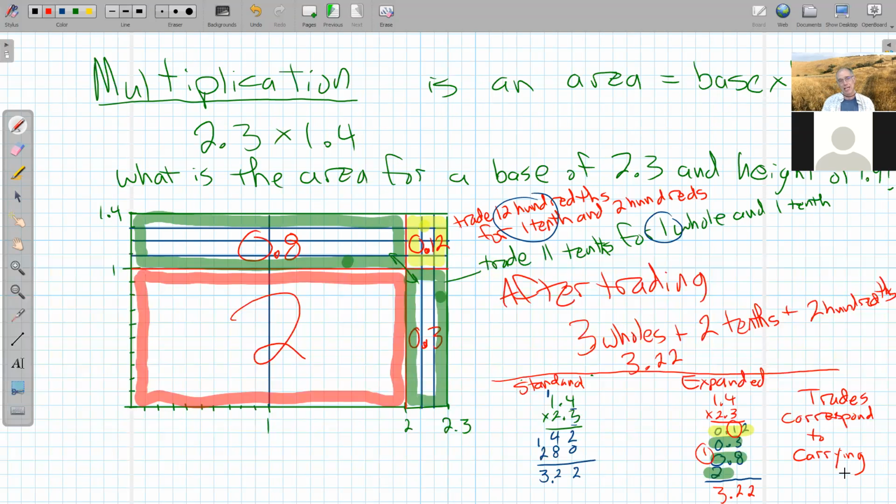We can count the answer from the area using the base 10 blocks. Under the red line down here, I have my algorithms, and they don't explain why the answer is 3.22. They just show how to get an answer of 3.22. This is just how, not why. And I need you to be comfortable with the how and the why, which is very challenging.